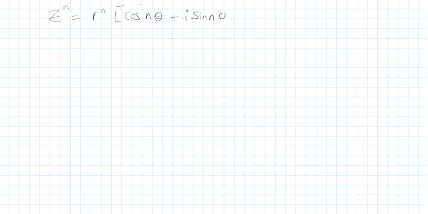Alright, and you have its extension where the power is a rational number, and the formula is a bit different when you have the rational number, and you can go and watch the video where we try to find the square root or the cube root of a complex number, and we use the extended version of the formula. But this one is the basic Moivre theorem formula, whereby you have a complex number and you're taking it to a given power n.